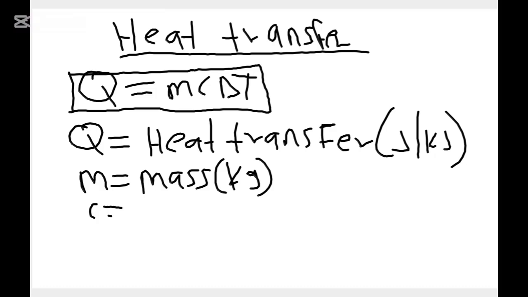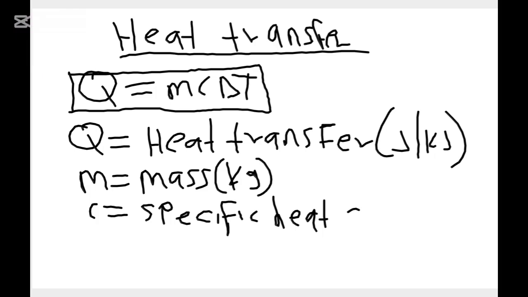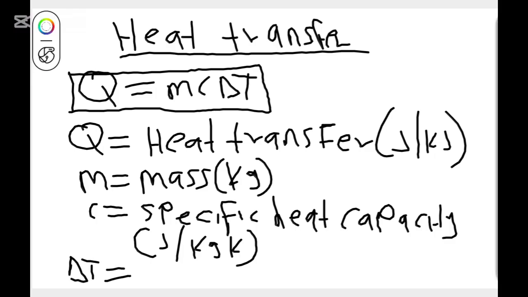And we have the C, which is the specific heat capacity, and the SI unit of specific heat capacity is joule per kg Kelvin. And you have to notice that we have delta T, which is the change in temperature.